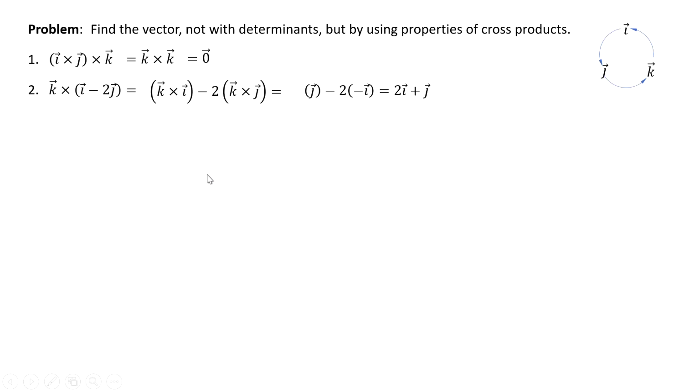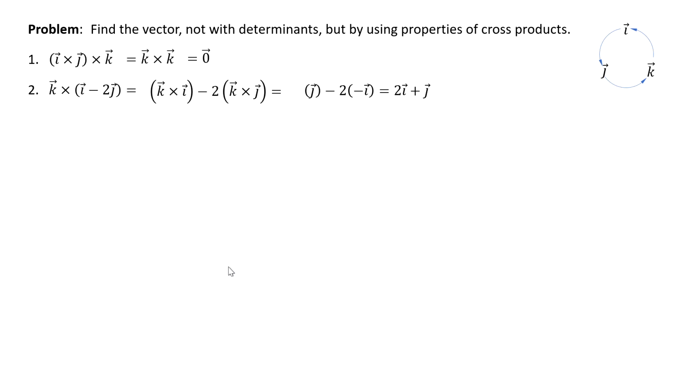So k cross i is j, minus k cross j is negative i. So minus 2 times negative i. And this is 2i plus j.